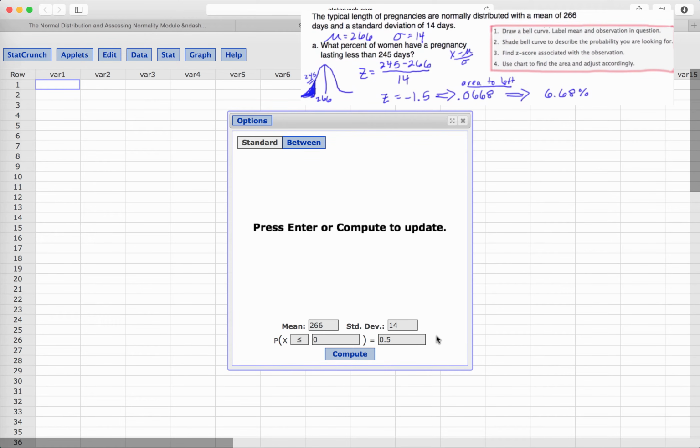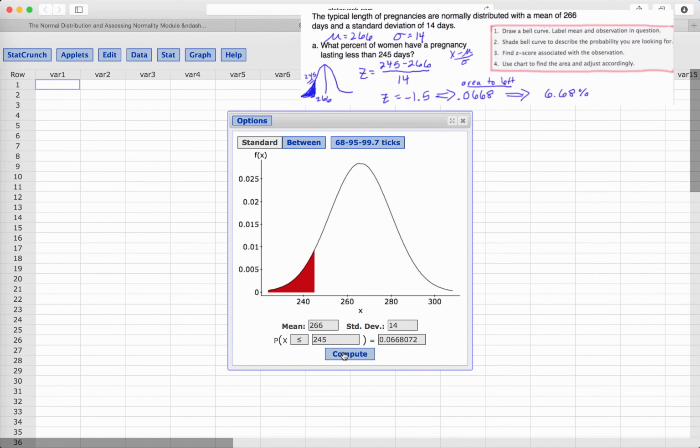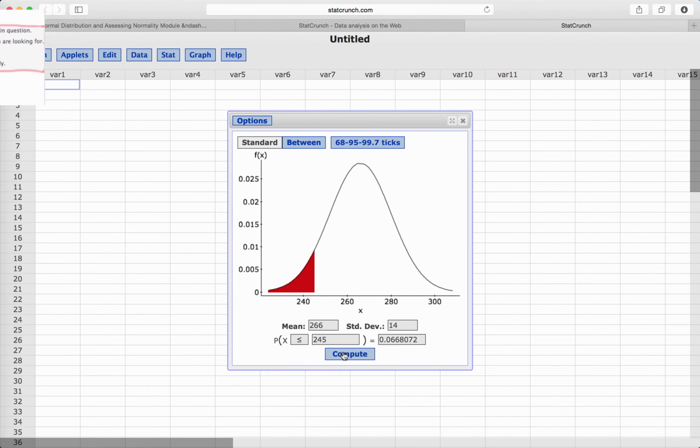What we want to do in part A was to find the probability of having a pregnancy lasting less than 245 days. Plugging in 245, we get approximately 0.0668, and when we convert that, we get 6.68%, which is what we got.